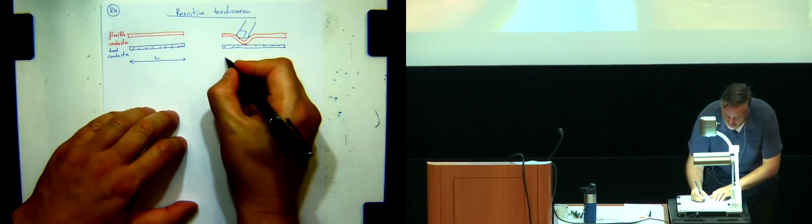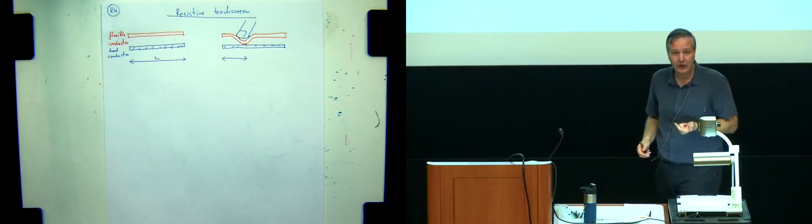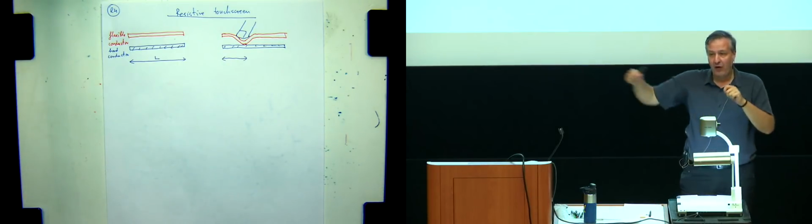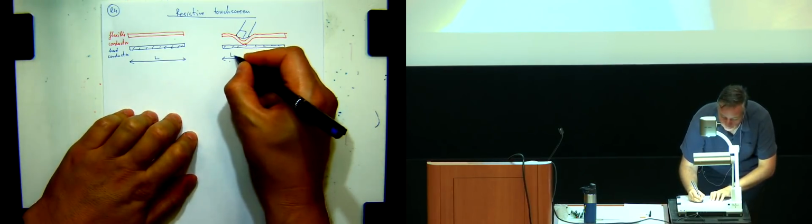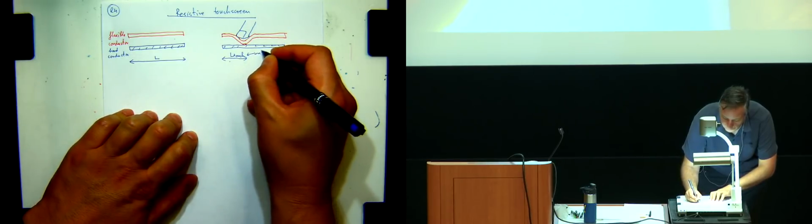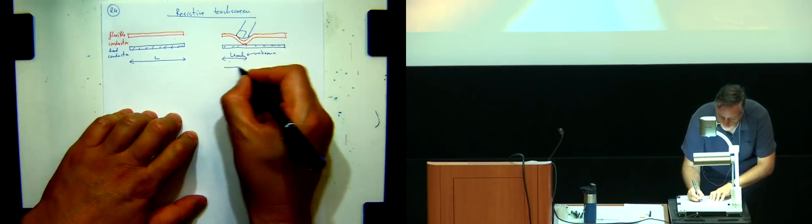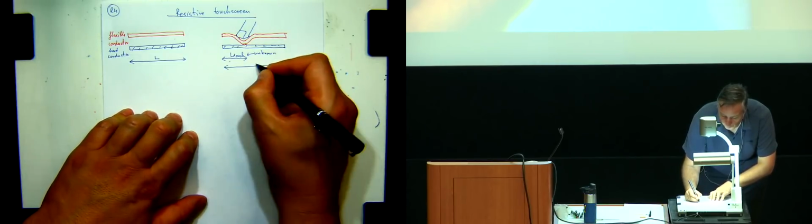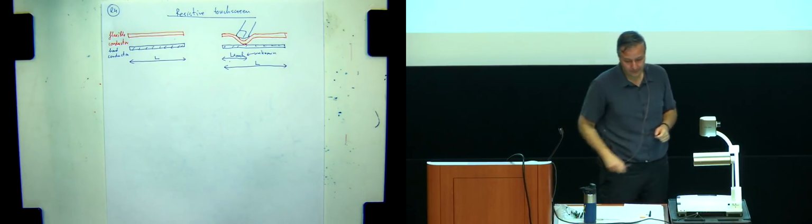And what I'm looking to measure with this circuit is where along this line I touched it. So this is L touch. This is an unknown. And what I know is the total length of this conductor, L.